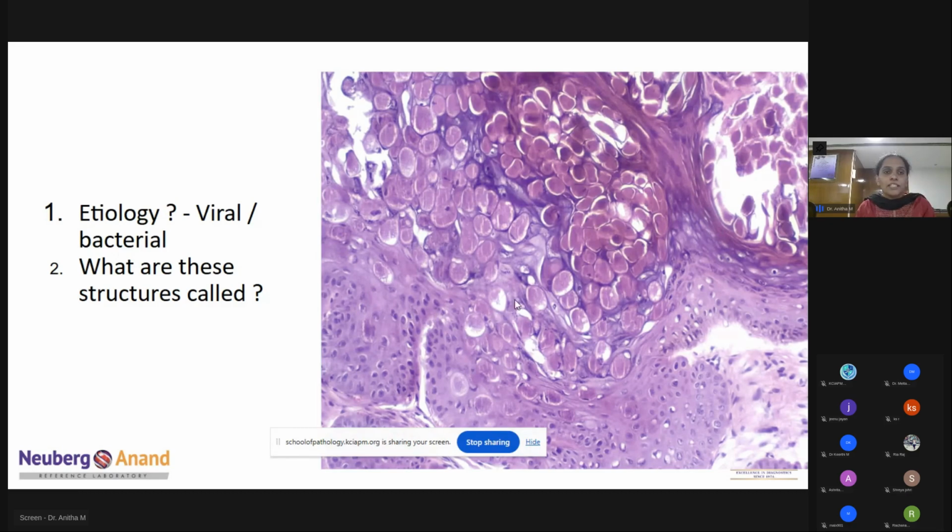So what is the etiology? Yes, it is viral. Which is the virus that causes it? Yes, Sneha. Yeah, it is a double-stranded DNA pox virus, the molluscum contagiosum virus. And what are these inclusions called? The eosinophilic inclusions that you see?